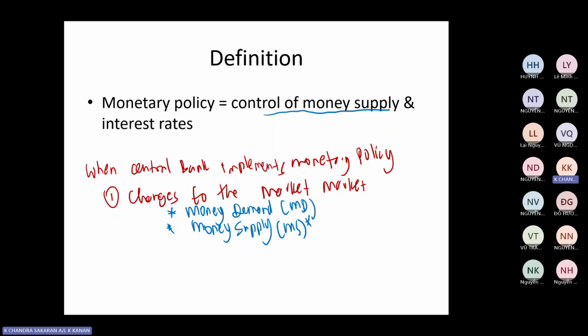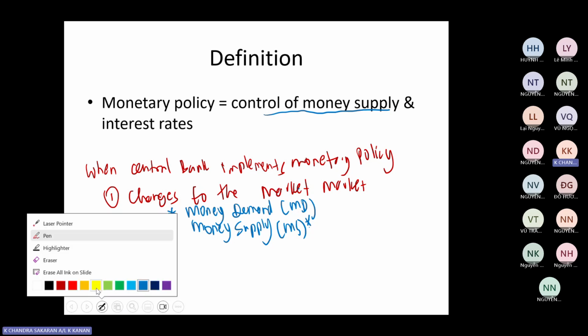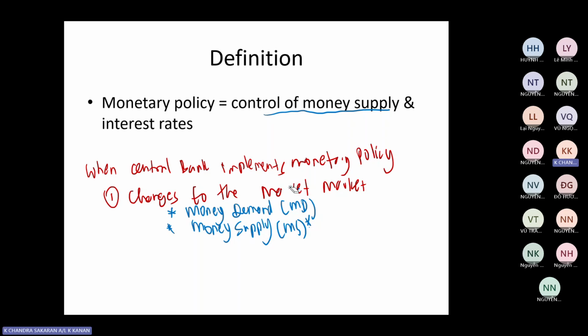So what happens when money supply changes? Then there will be changes to the money market outcome. What are the outcomes of the money market?